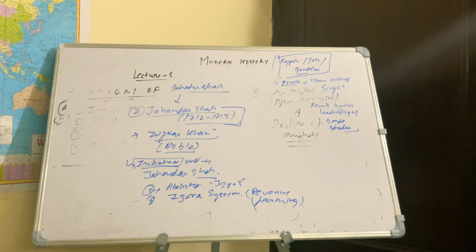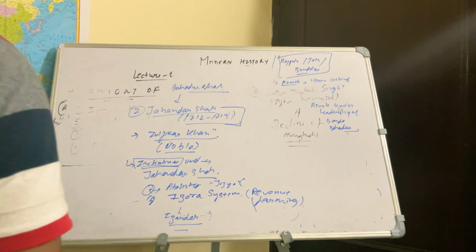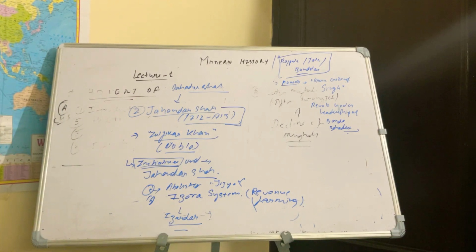Under this system, the tax collection authority was given by a bidding process, and the highest bidder was given the contract, who was known as the Izardar. This Izardar was free to extract whatever he could from the peasants, leading to increased oppression of the peasantry.